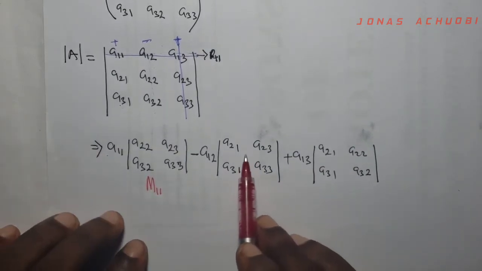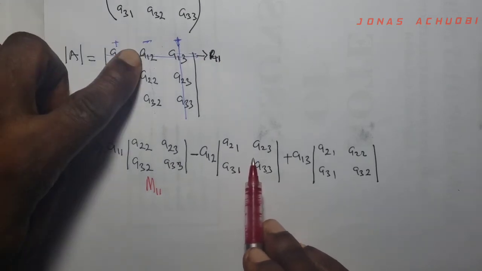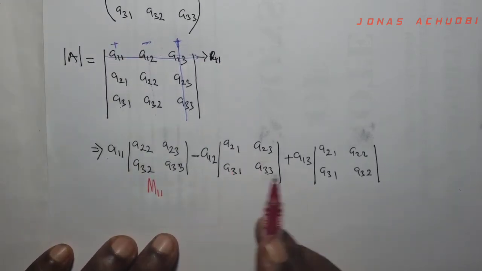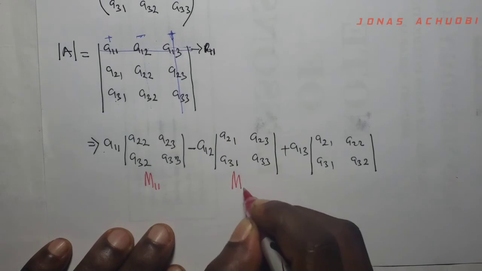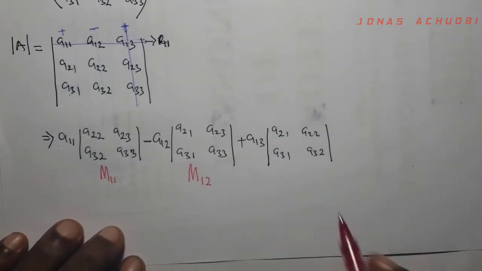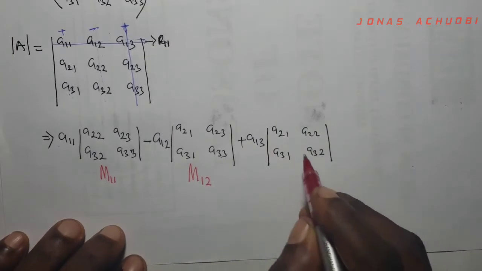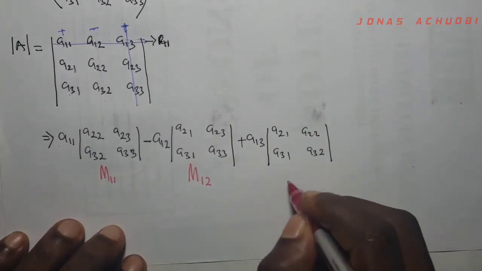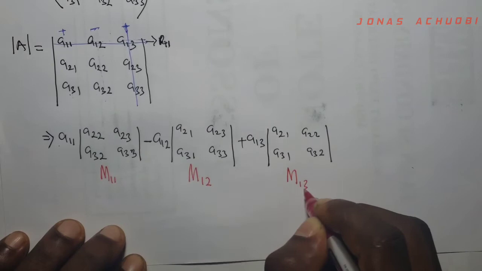The determinant we got from A12 is the minor of the entry A12, which we write as M12. And lastly, we have the minor of the entry A13, which we write as M13.